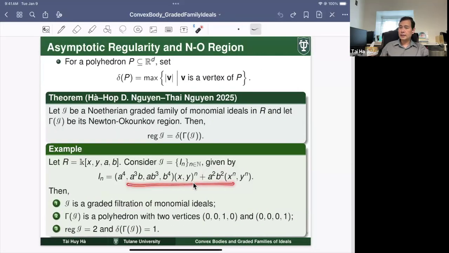Unfortunately, this family is not Noetherian. And so when we compute the asymptotic regularity, we have 2 here. But when we compute delta of the Newton-Okounkov region, we just get 1 coming from these vertices. And so these are not the same. And the reason here is the Rees algebra is not Noetherian. It does not satisfy our hypothesis.